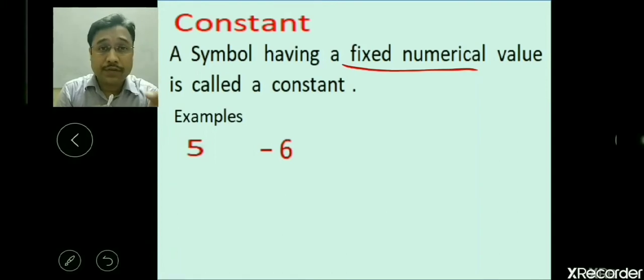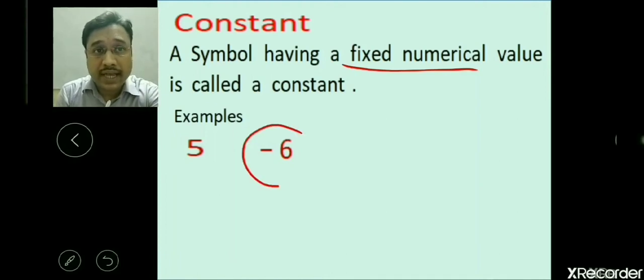5 is 5 only, it is a constant, its value is not going to change. Similarly, minus 6 is a constant only, because this symbol is known as minus 6 and its value is not going to change. Its value is fixed, that's why this symbol is called a constant.